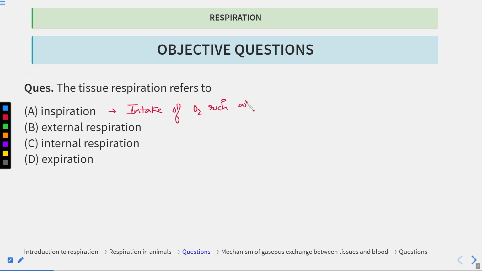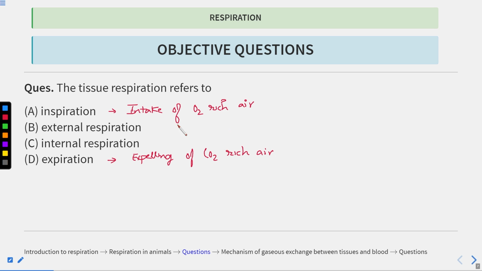What is expiration? Expiration is the exhaling, or expelling, of carbon dioxide rich air, or you can say oxygen poor air.